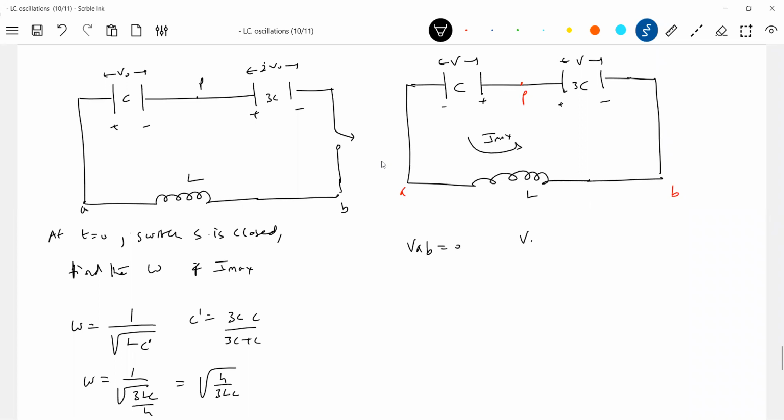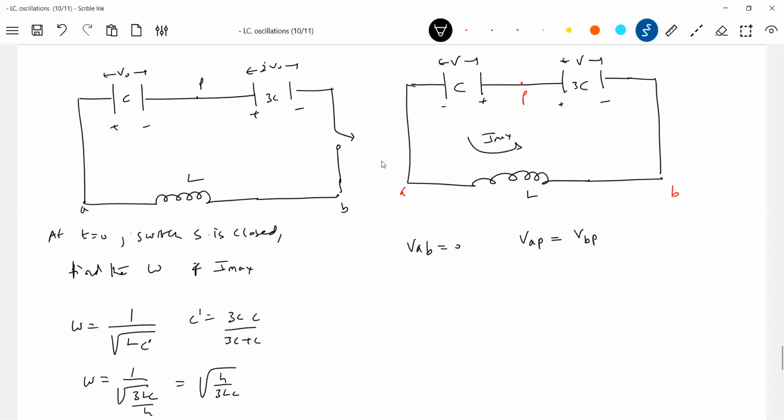For this to happen, I can also write VAP is equal to VBP. In the earlier problem, the inductor was on top, capacitor below. So there's the equation. So now write this set of equations.